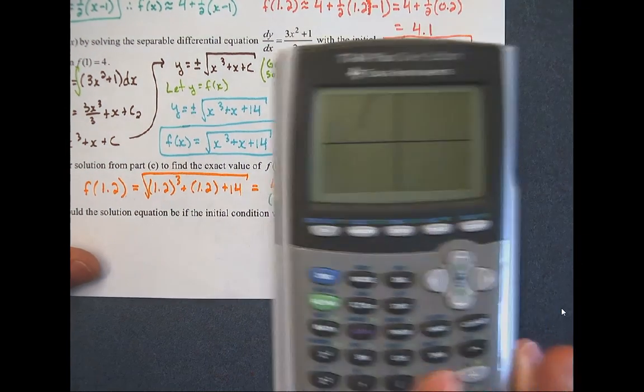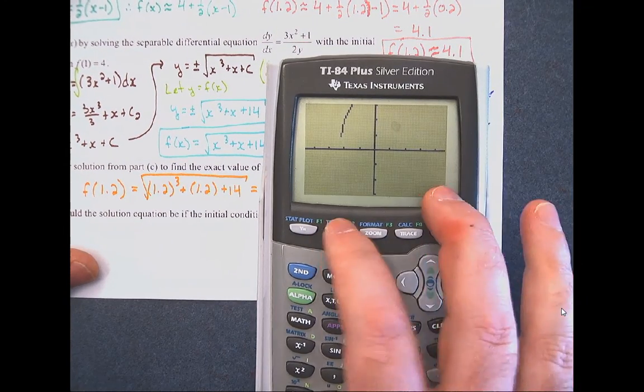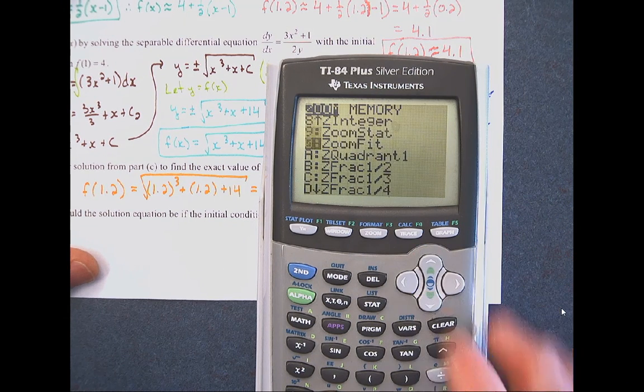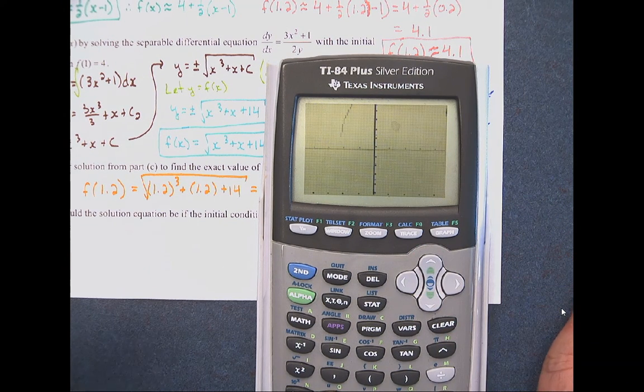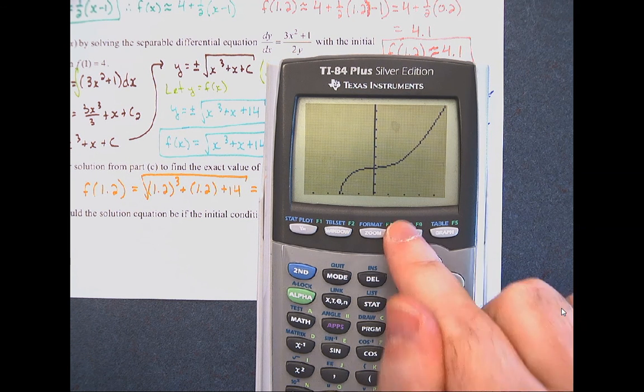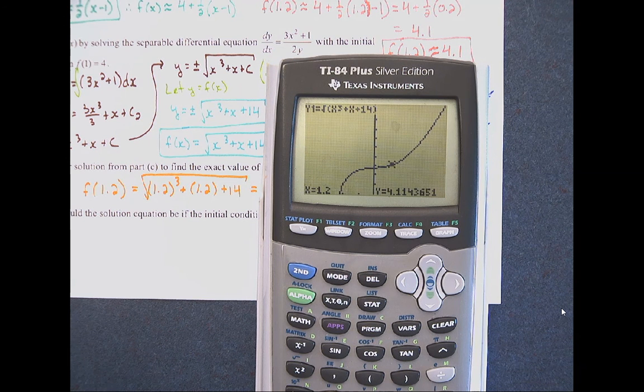Oh, dang it. I'm going to do a zoom fit. Look at what's happening around 1. I'm going to trace to 1.2. Shazam. What is f at 1.2? Concave up. Oh gosh, thank goodness.